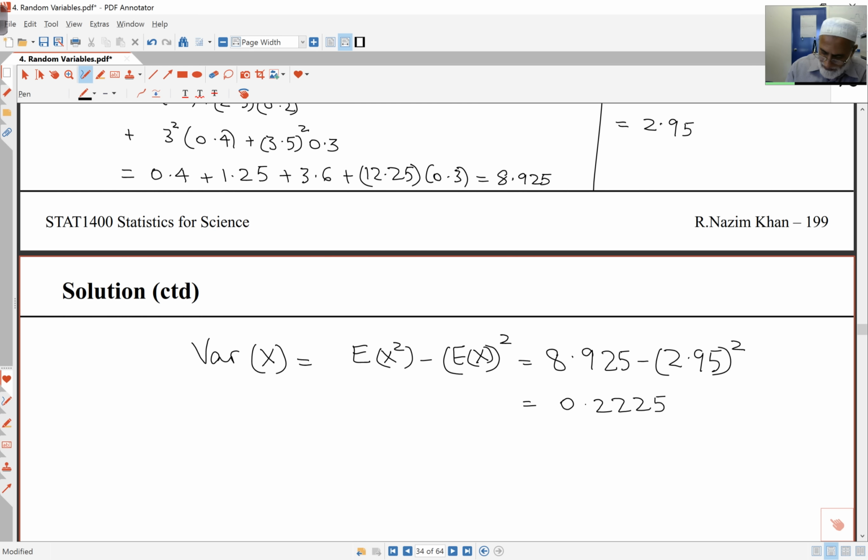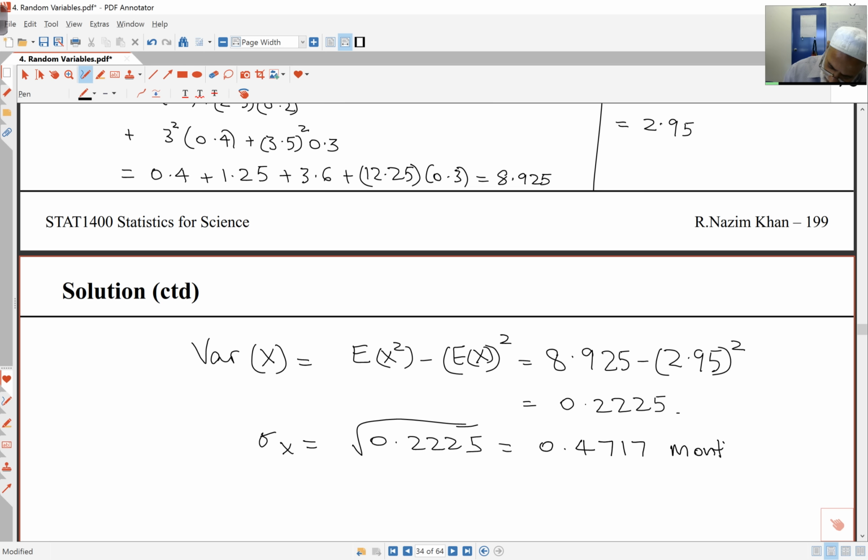Now, variance isn't such a good measure of spread because it's in square units. So this is square months over here. But if I look at the standard deviation, which is the square root of this, this comes to 0.4717, and that's in months.